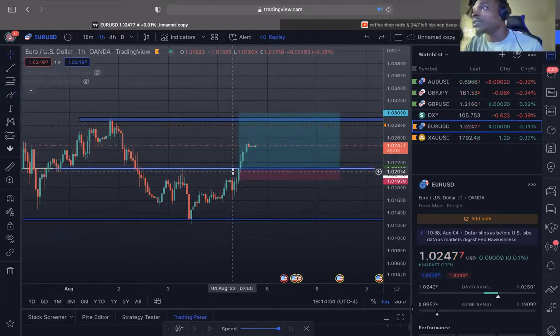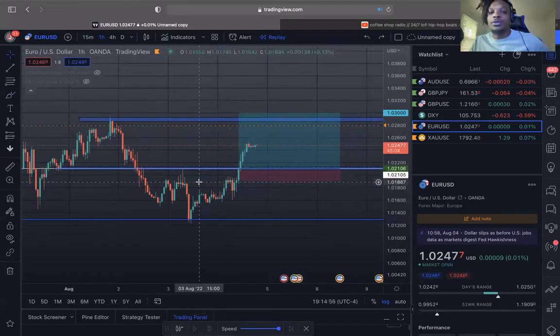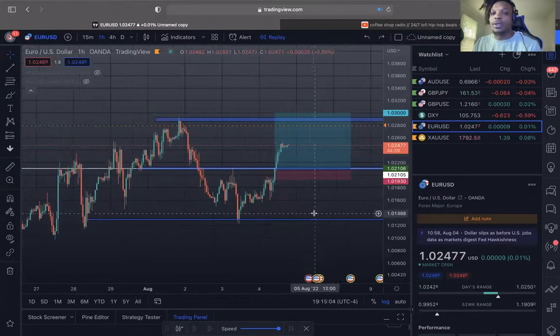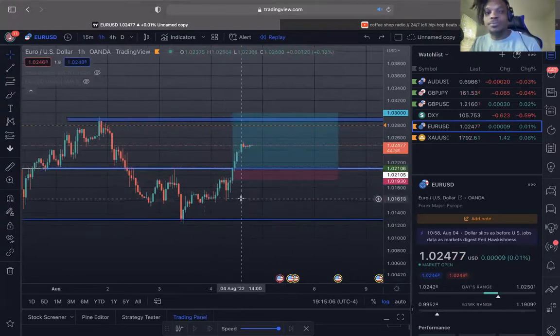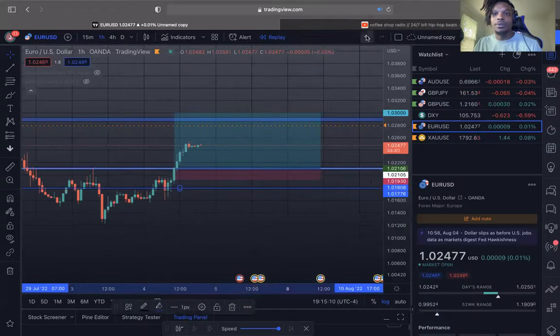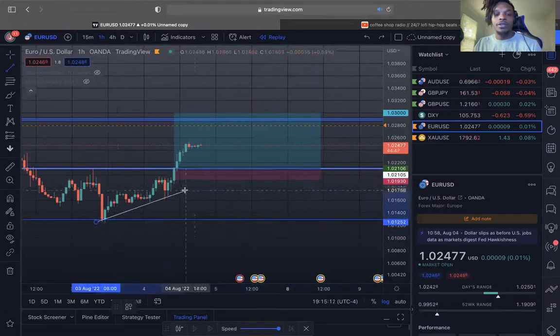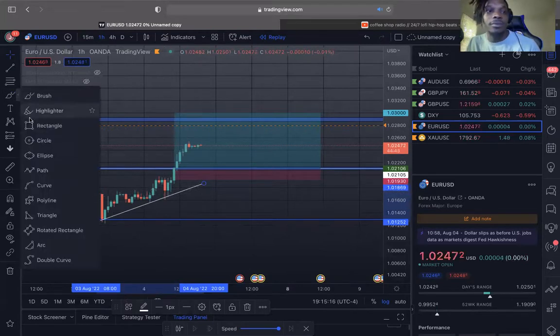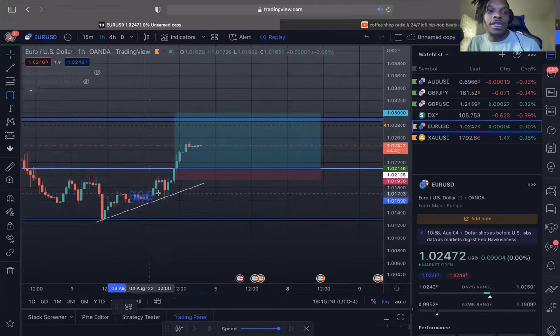Now guys, listen to me. Anytime structure is broken and it looks like an impulse candle and it closes above, I'm looking to buy the market. So once I saw that Euro USD was in this channel and it came back and retested these lows, I'm going to give you guys some sauce right quick.